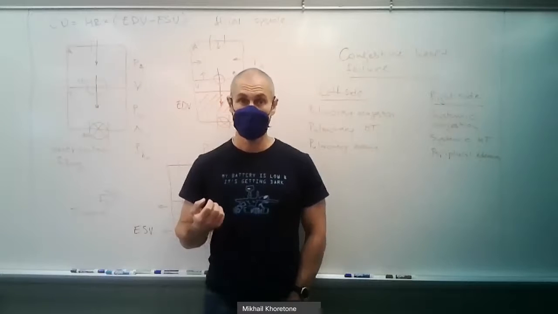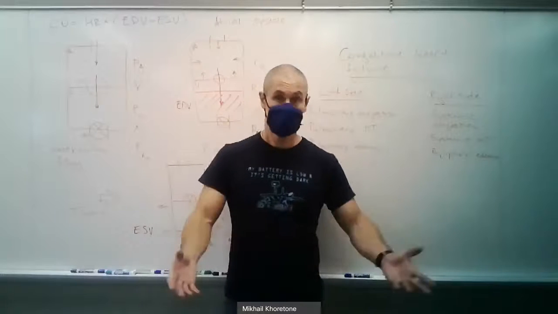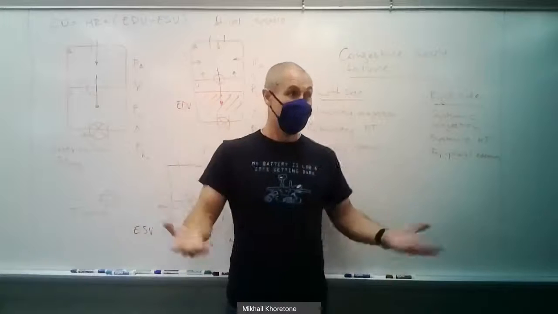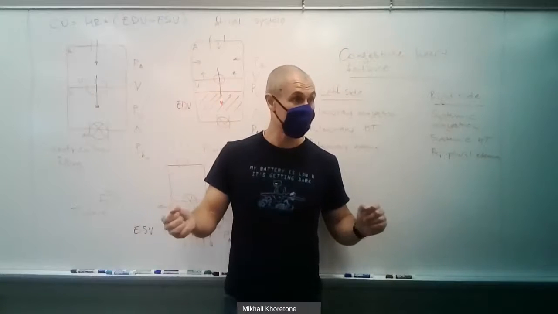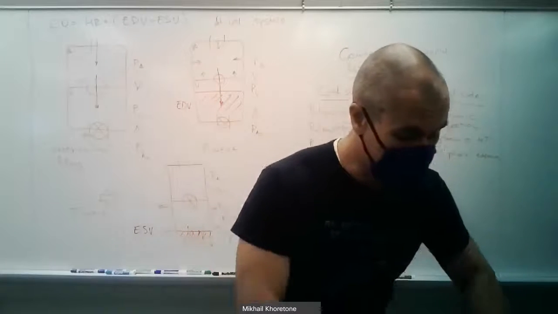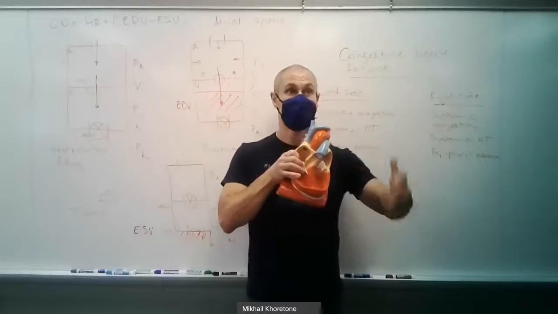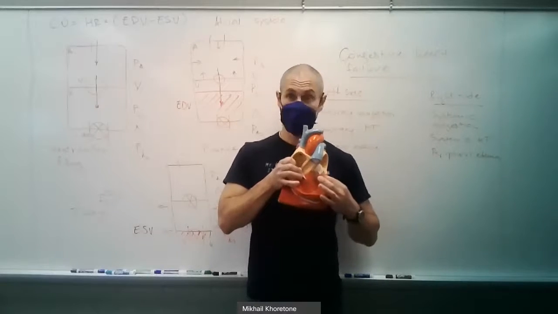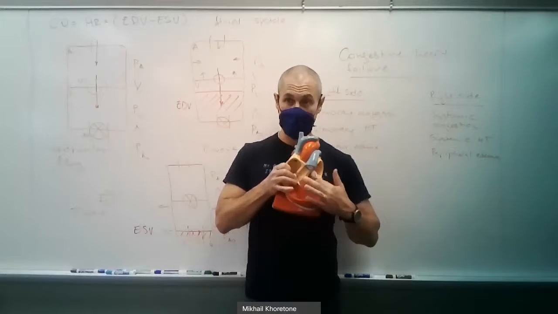Does that make sense? Now, if you have to work harder than normal, what happens to your muscles when you work hard? They grow. Does that make sense? So imagine that your left ventricle here, in order to push the blood through, has to grow. The walls will become thicker and thicker at the expense of the chamber.